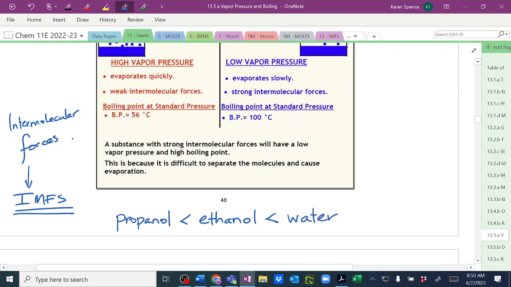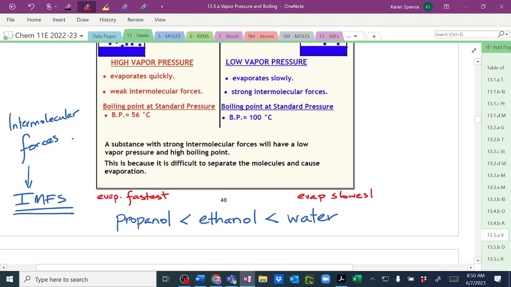So in terms of IMFs, propanone is the weakest. And then we have ethanol, and then we have water. And if that is the case, which one of those will evaporate the fastest? Propanone is going to evaporate the fastest, and water will evaporate the slowest.